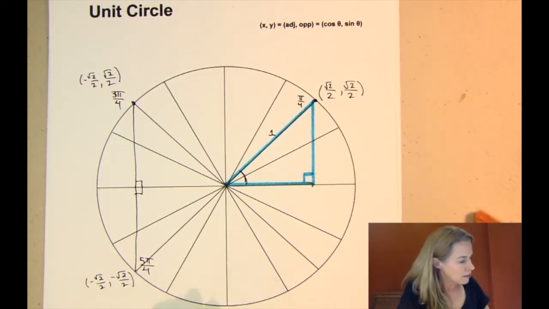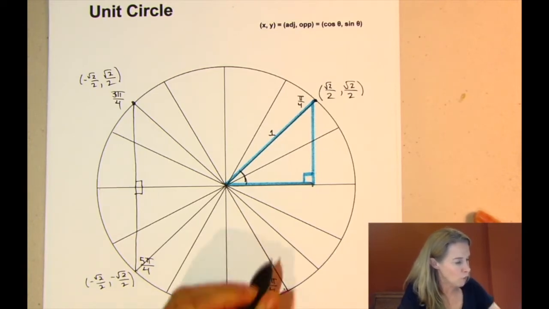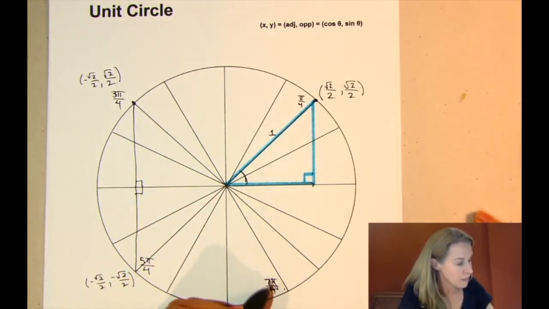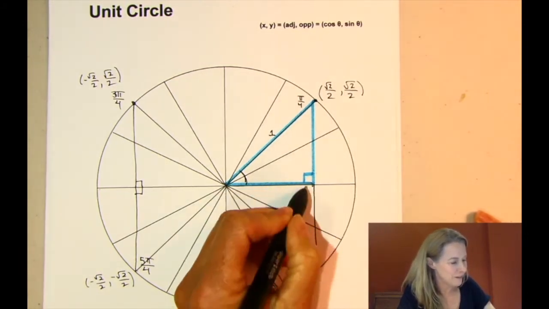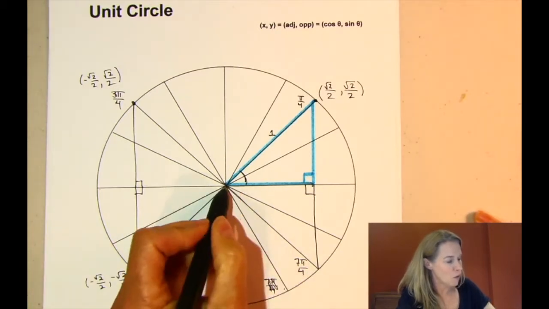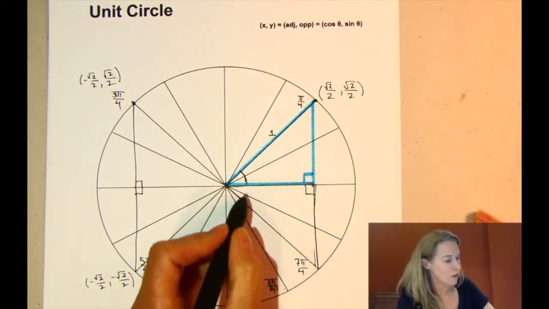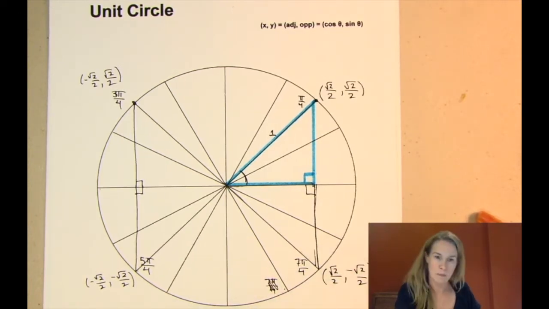And finally, 6 pi over 4, this guy here is 7 pi over 4. There's your right triangle. Hypotenuse is 1, so over and down, I've got positive and then negative root 2 over 2.